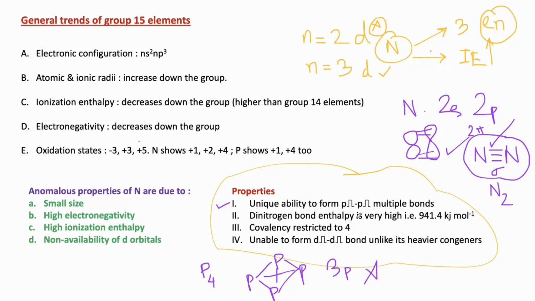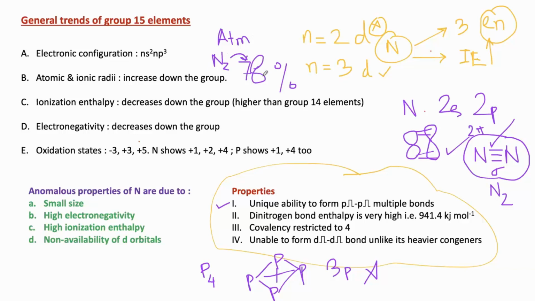941.4 kilojoule per mole. That's why our atmosphere actually contains 78% of molecular dinitrogen. Because nitrogen is a very stable molecule, in our air, 78% consists of molecular dinitrogen.